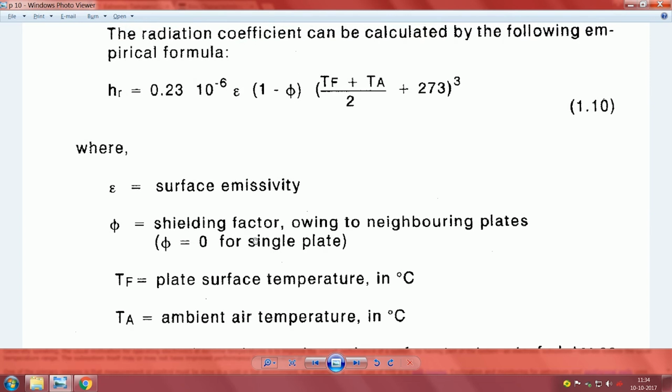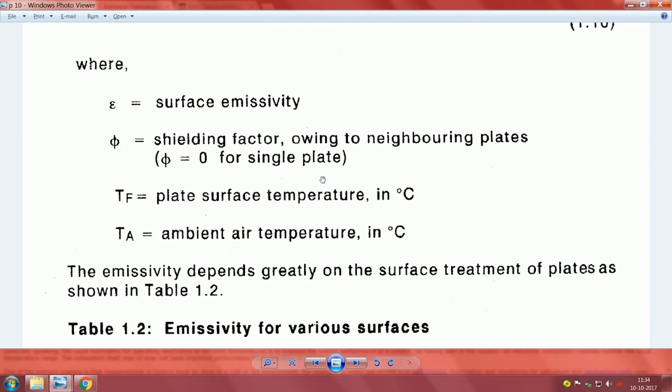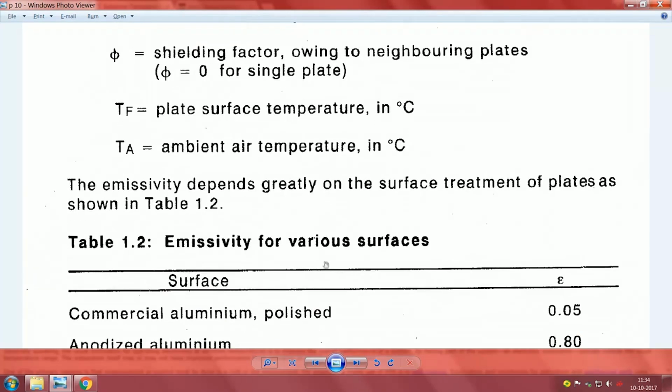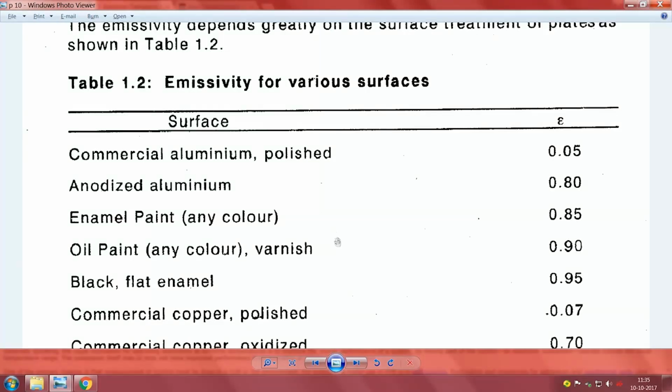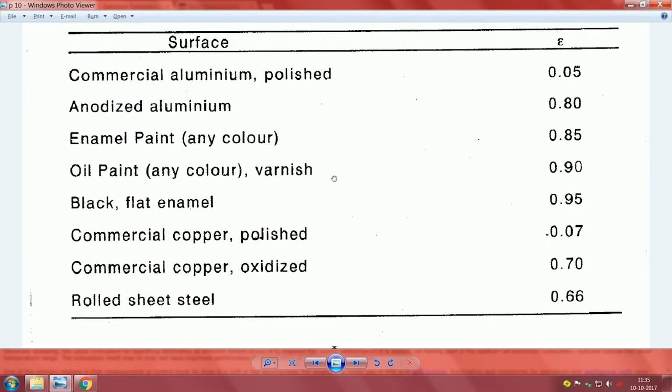If they are spaced very close together, one fin shadows the other. So, the shielding factor becomes very, very bad. For showing important things here, this is where I kept on stressing from other things.